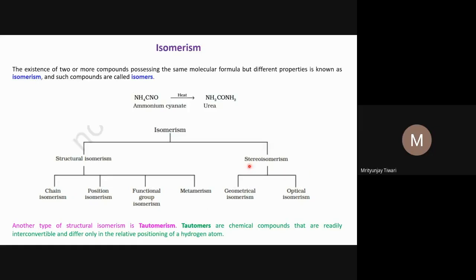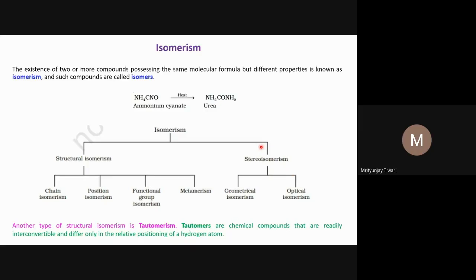Then the stereoisomerism. Today I will be focusing on stereoisomerism. In stereoisomerism, we have the same structural formula, the same pattern of covalent bonding. But there is a slight difference, maybe at one or two places, in the attachment of the different groups at the carbon atoms. And because of that, the properties of the two compounds are different.